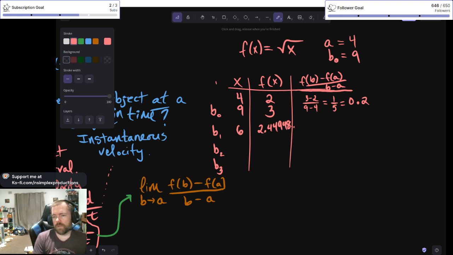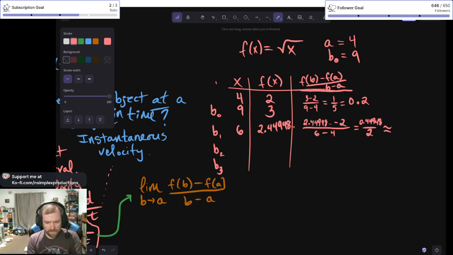If we then go over to our average velocity or average slope in this particular case, then what we get is 2.44948, etc., minus 2 all over 6 minus 4, which is going to be a 2 on the bottom, and then a 0.44948 on the top, which is going to be approximately 0.2247448, more stuff beyond that.